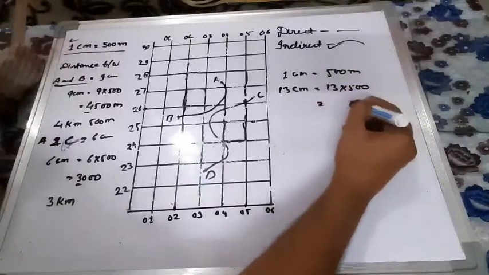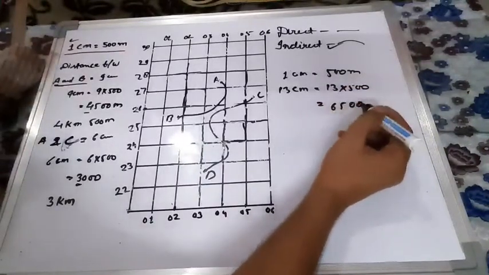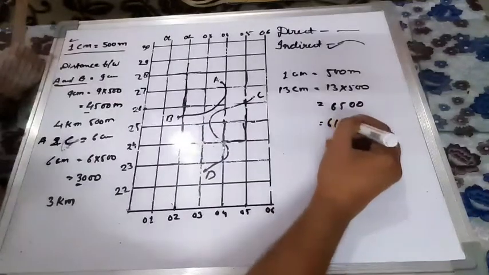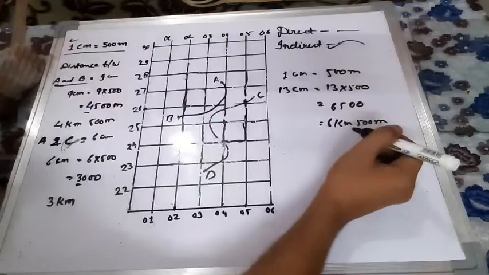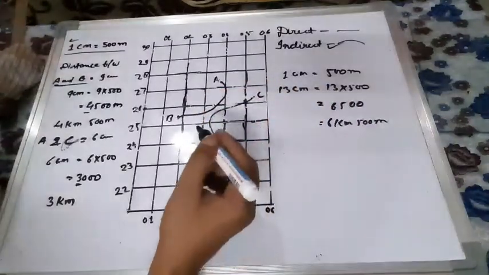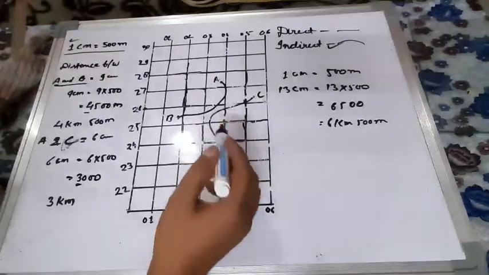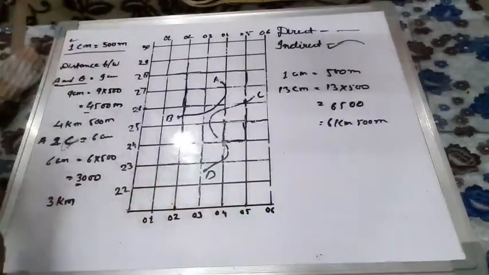Okay, 2 0s, 5 3s are 15, 5 1s are 5, 1 is 6. That means 6 kilometers and 500 meter is the distance between these 2 points, and it is indirect distance because it was not in a straight line, and we used string to find out the distance.